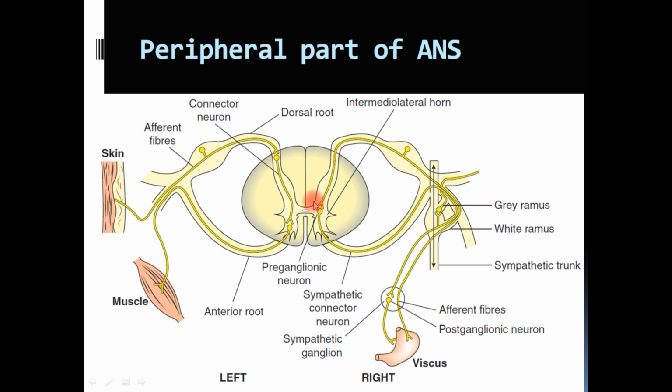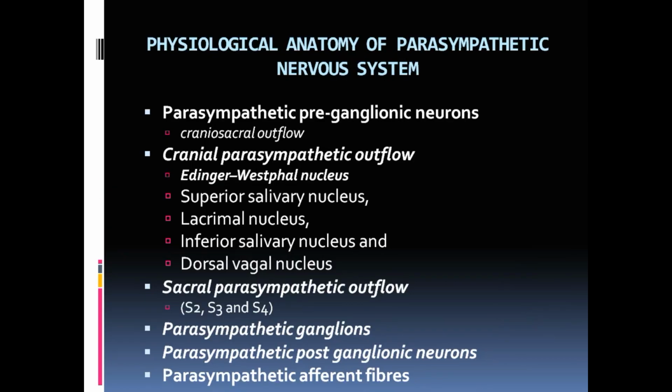So this is how the peripheral part of the parasympathetic nervous system completes the circuit, and that is how the autonomic nervous system acts in a reflex action method.